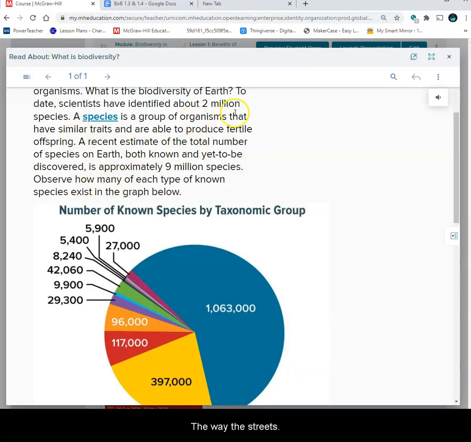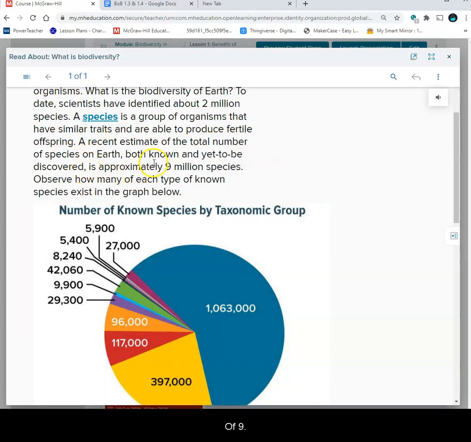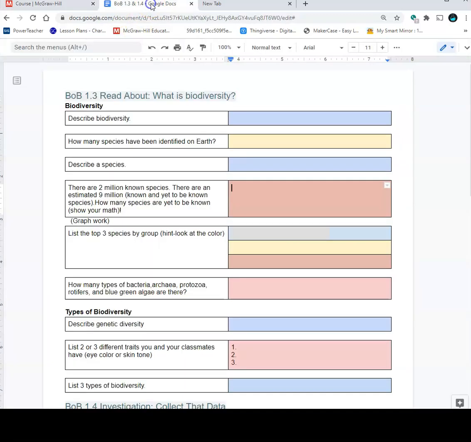So the way this reads is we've identified 2 million. We believe there's a total number of 9 million species. So the question asks, if there are 2 million and there's 9 million total, how many do we have to discover? And it is asking you to show your math.